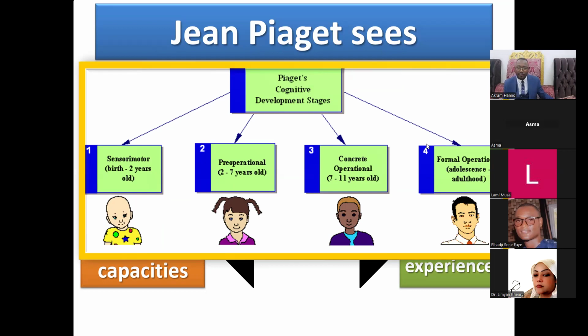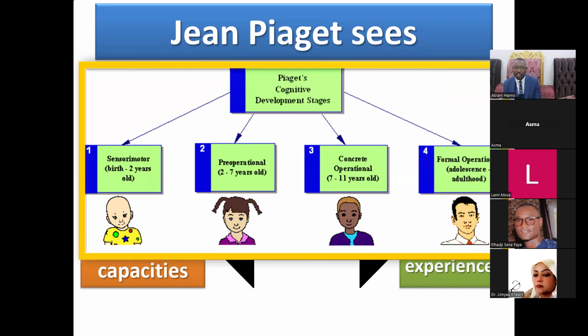Then number 3 is called the concrete operational stage, from 7 years old to 11, ranging between these ages. And the formal operational stage, adolescence and adulthood. So here you are adult enough and you can experience language. So this is how Jean Piaget sees the cognitive development in a child.